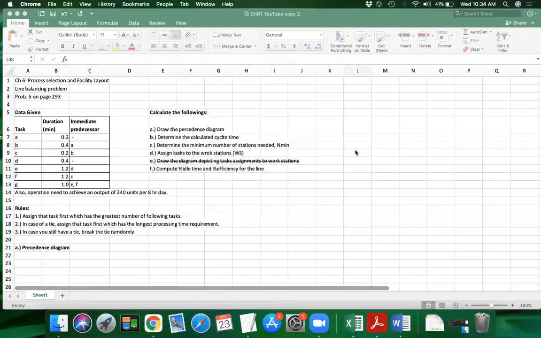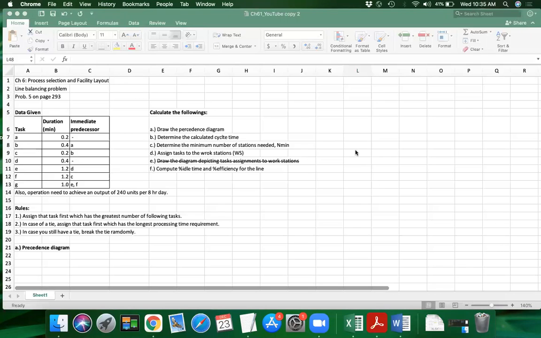If any workstation in an assembly line is staying idle, that means you're not getting as much efficiency from the assembly line. So in this video we will do one problem that will address the line balancing problem.